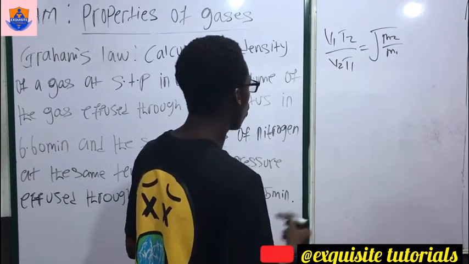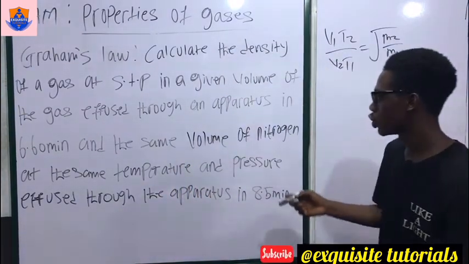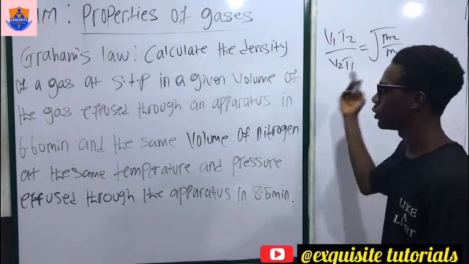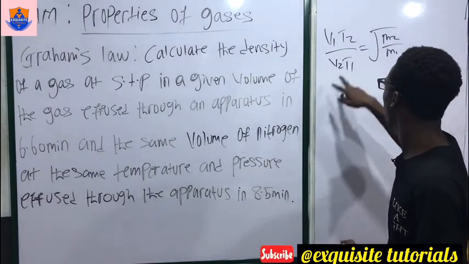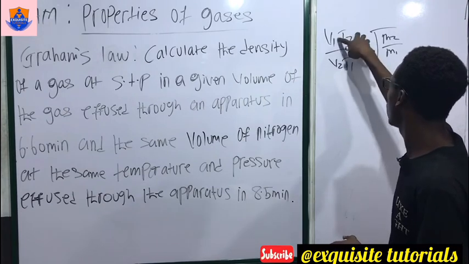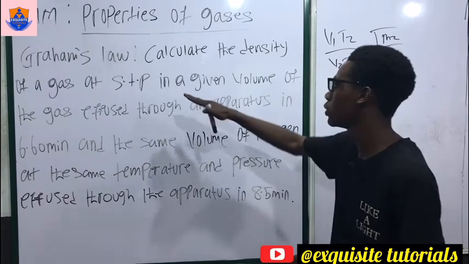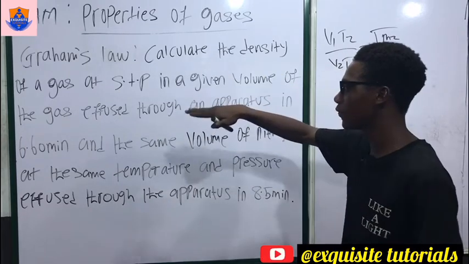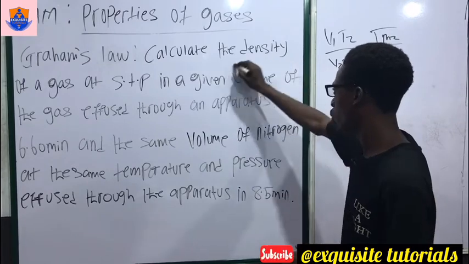You should recall this formula always, as regards your questions, depending on what is given. Now this is our V1, our V2, our T1, our T2. Let's read this question out again. Calculate the density of a gas at STP in a given volume. Now the volume is known here.